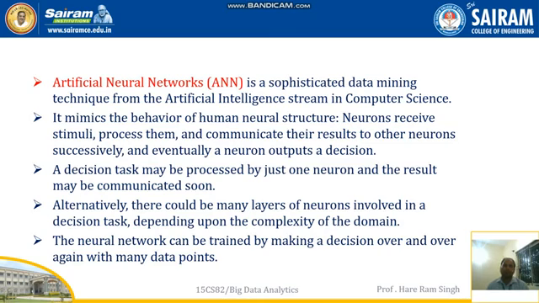Different neurons are there in our mind, and if anything happens to body elements like skin or tongue, they sense it, send it to the neurons present in our mind, and those neurons take the appropriate action. Like that only, an artificial neural network works.